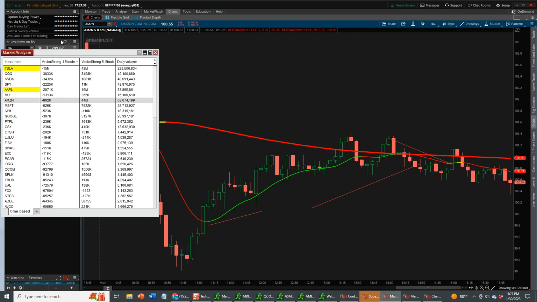And anytime you see any vector strength in the millions of units, 11 million, 43 million on Tesla, 11 million on the SPY, 15 million on Apple, 44 million on Amazon, you know that the long-term trend is strongly to the upside.